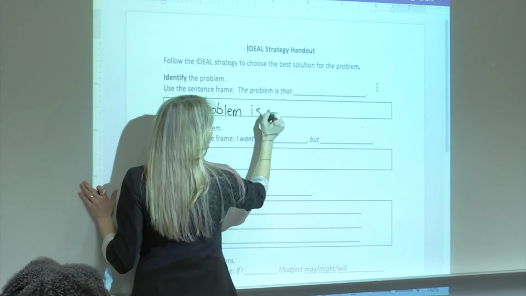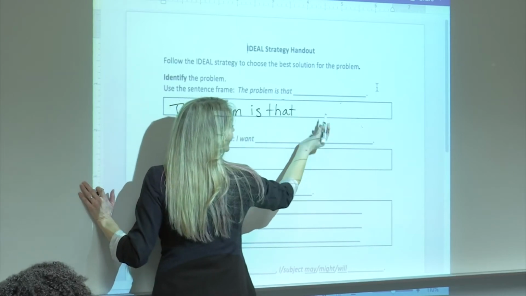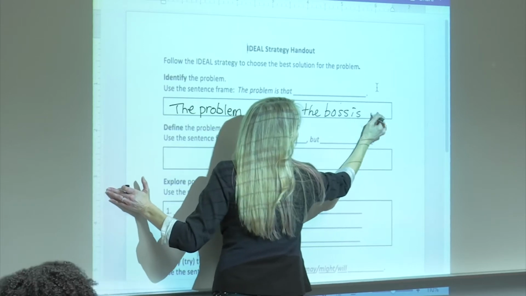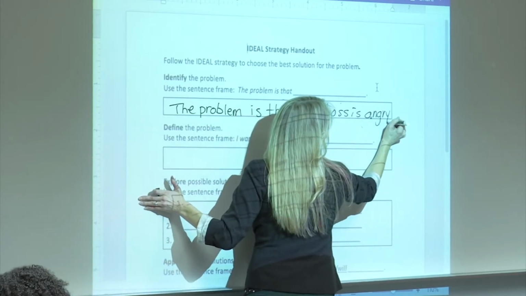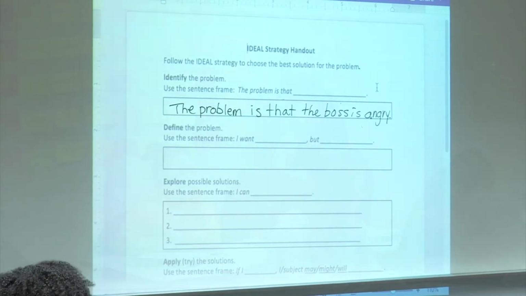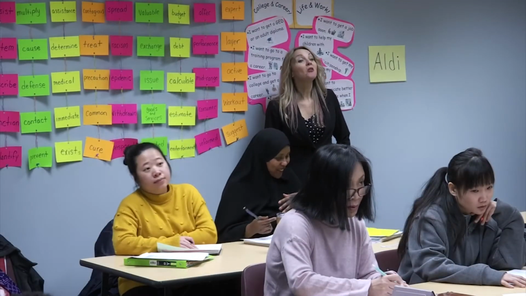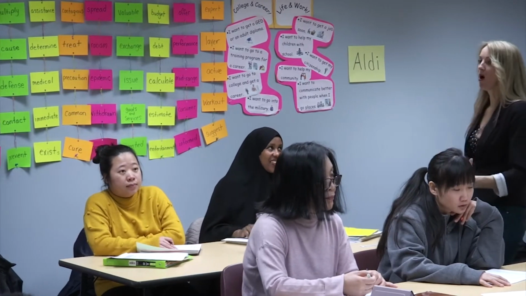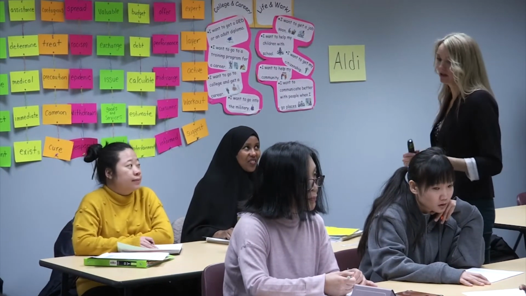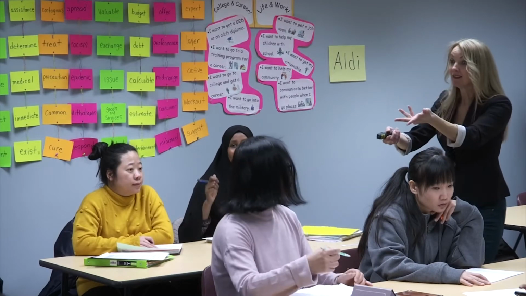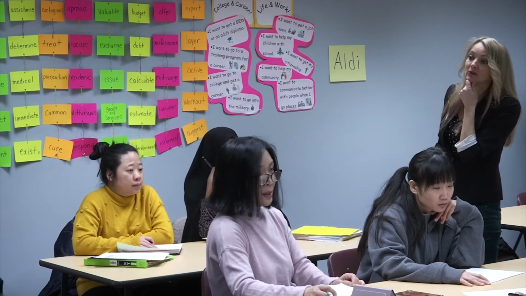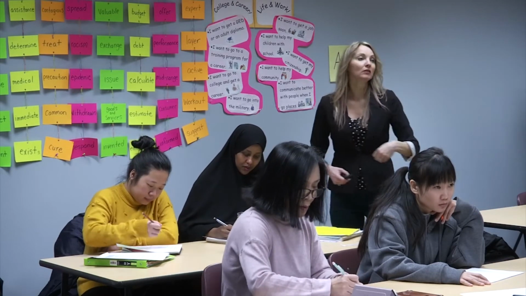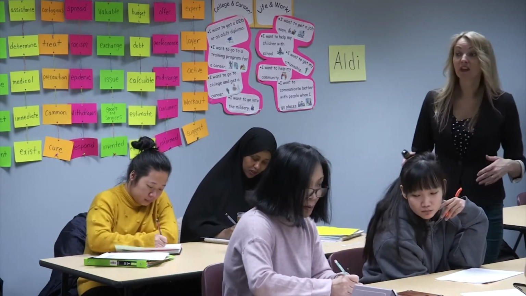The problem is that the. Okay, but what do you want at work? Let's talk about what do you want at work. How do you want to feel at work? Happy. So how could I put that? I want to be happy at work, or I want to feel good. I want to feel good at work.